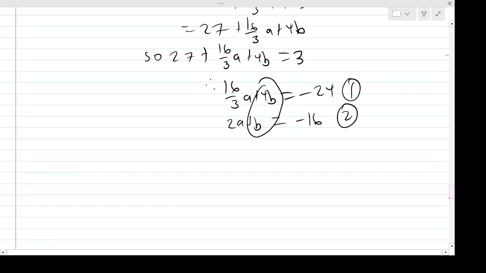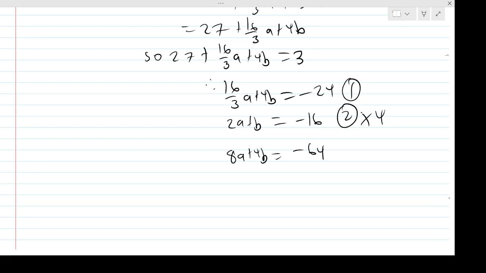I have 4b on the first equation and b on the second. So if I multiply the second equation by 4, I get 8a add 4b equals, well, minus 16 times 4 is minus 64. So then if I restate the other equation down here, 16 over 3a add 4b is equal to minus 24.